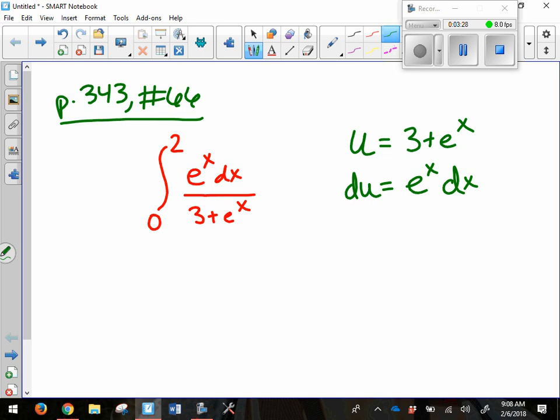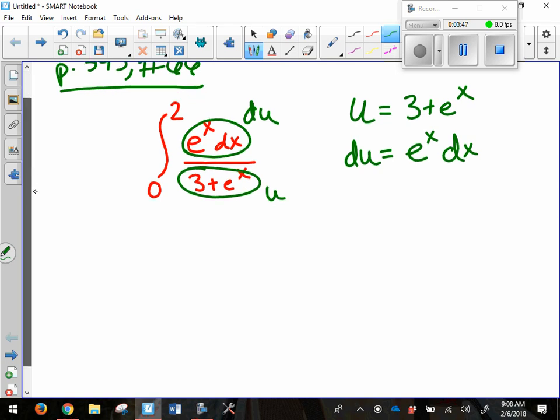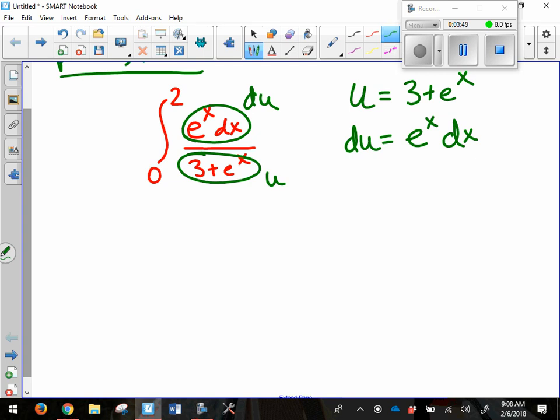So this one's pretty good because whatever's down here is going to be u, and looky, what's in the denominator is du. So I've got very little algebra here. Now, when you're doing a definite integral, you need to think about the limits.